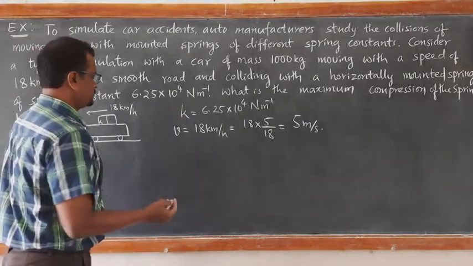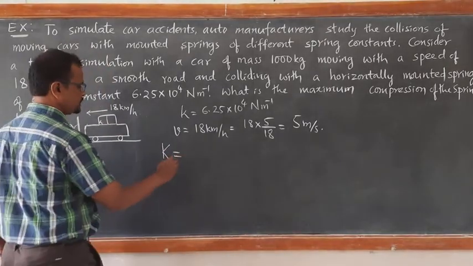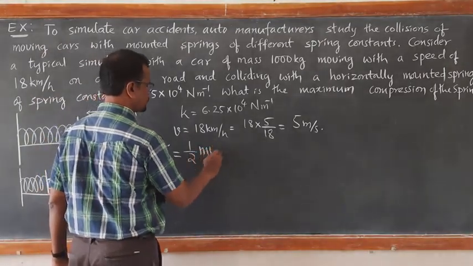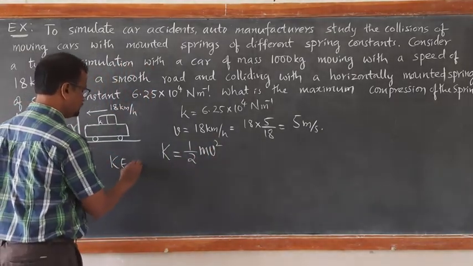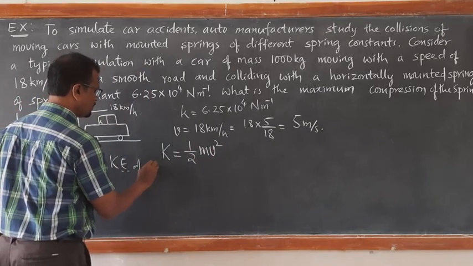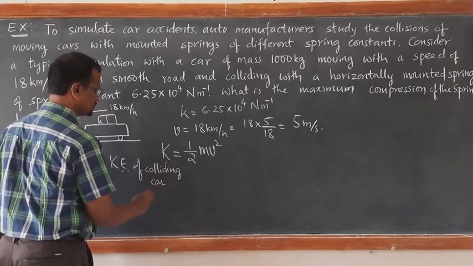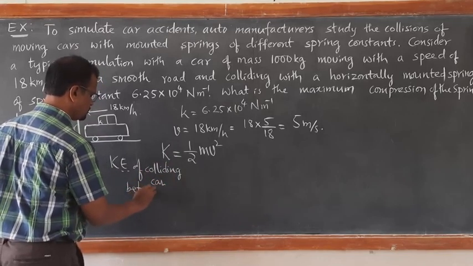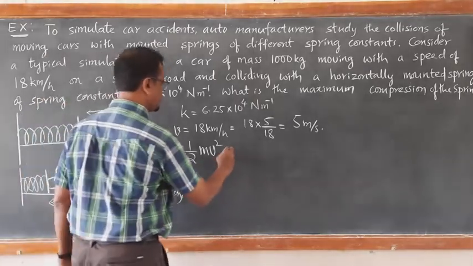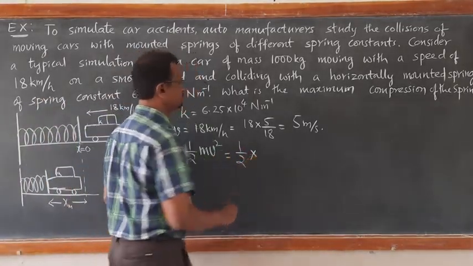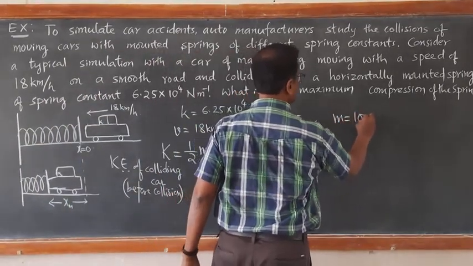Now let us calculate the initial kinetic energy. Kinetic energy of moving car, half mv square. This is kinetic energy of colliding car before collision. That is calculated as half into mass of the car, which is given as 1000 kg. You can write here m is equal to 1000 kg.